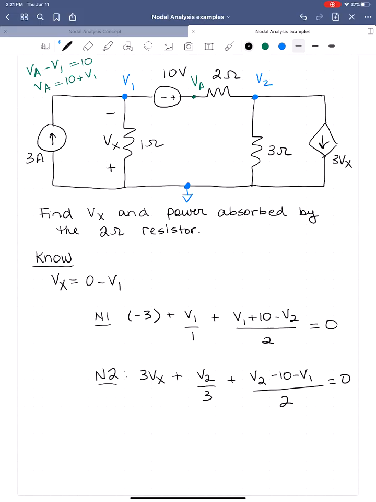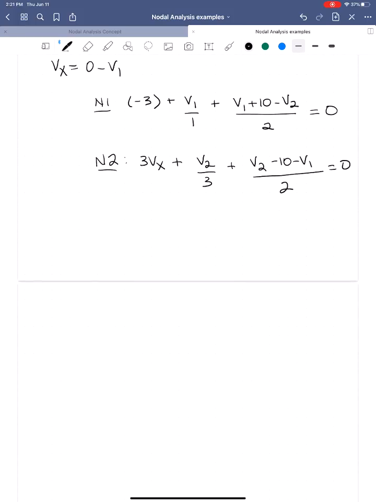Okay, so we have 1, 2, 3 equations and 3 unknowns, V1, V2, and Vx. And so we can solve this. Certainly we're going to put V1 in here for Vx, and then we have 2 equations, 2 unknowns. And so we'll solve these.